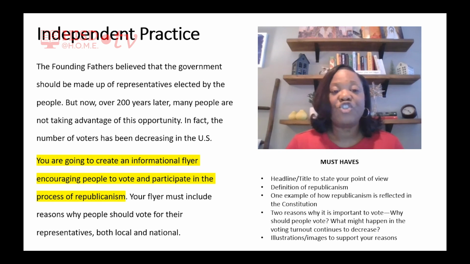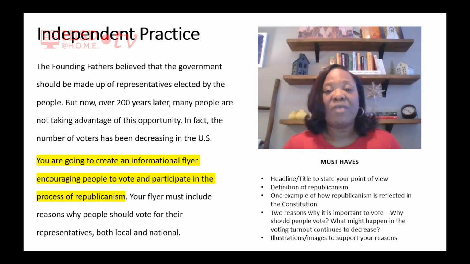Then give me two reasons why it's important to vote, and what would happen if people don't. And lastly, give me some illustrations, some images. Make it interesting to look at, visually appealing. I'm going to give you a few minutes to work on your flyer.